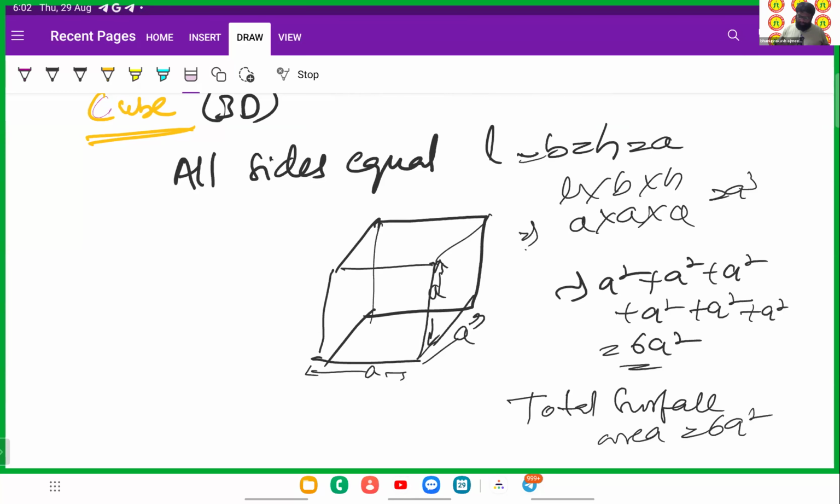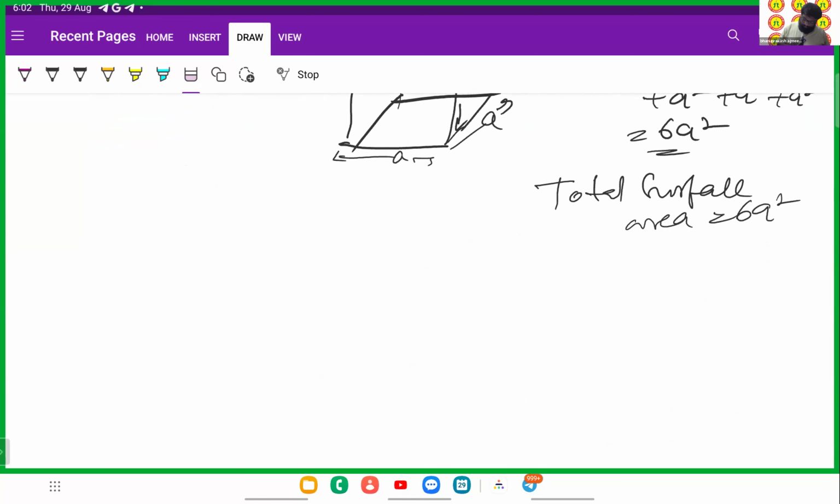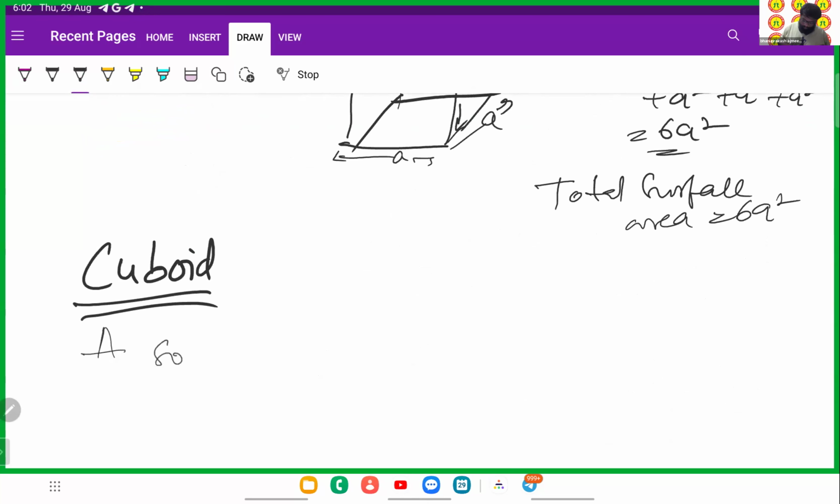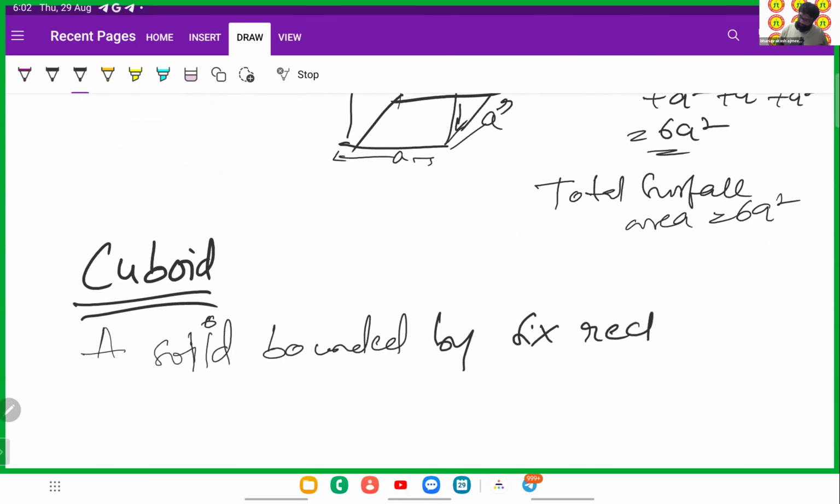Okay. Next, we are moving to another 3D shape, that is the cuboid. Write down the definition first. A solid bounded by six rectangular plane surfaces.